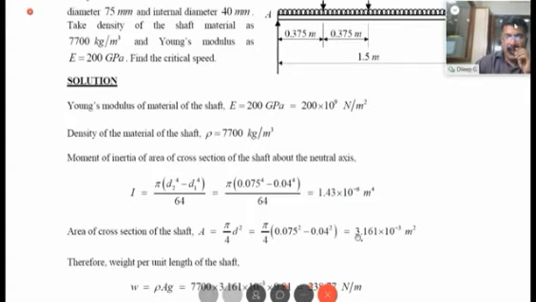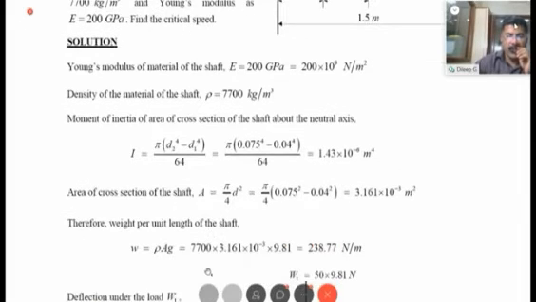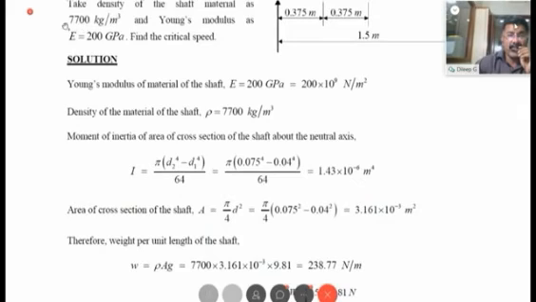So it becomes 3.161 into 10 raised to minus 3 meter square. That is the cross-sectional area of the shaft, A. So the weight per unit length of the shaft is w equal to rho into A into g. Rho is 7,700 kilogram per meter cube. That is the density, in the SI system, so no need to convert.